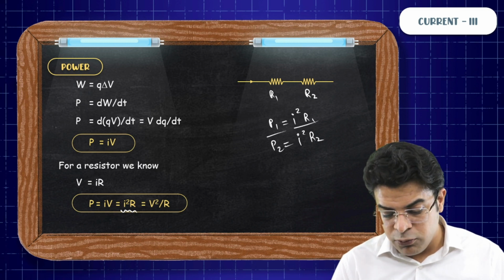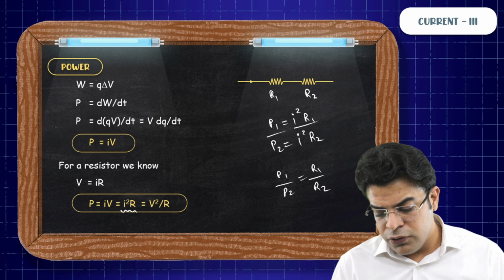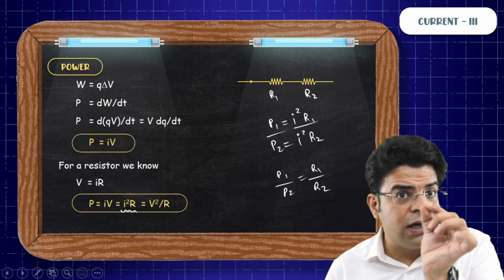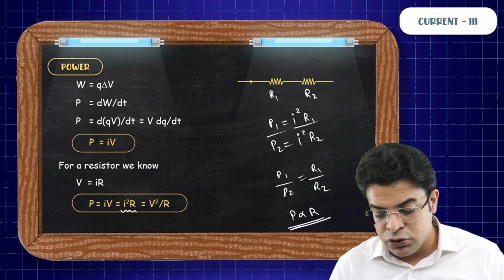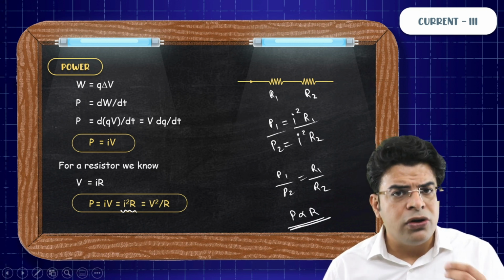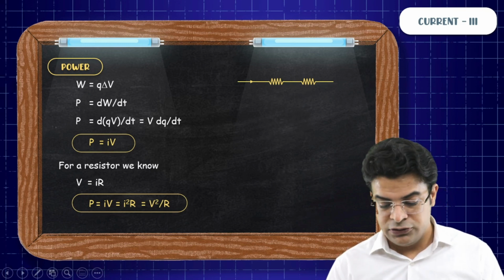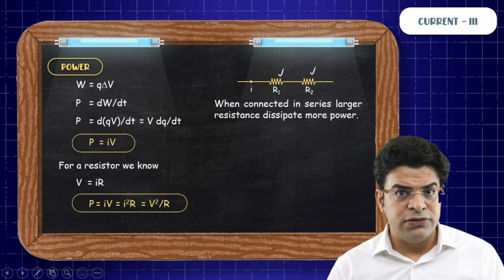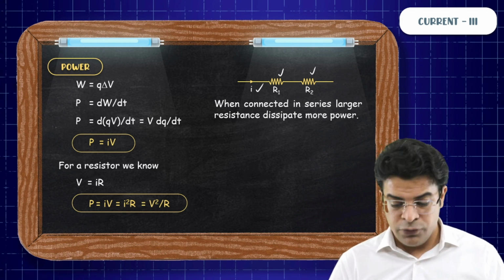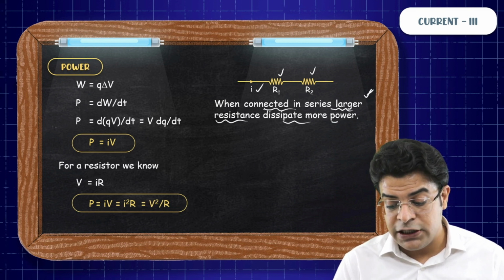If you divide both sides, P1 by P2 equals R1 by R2. So for resistors connected in series, the power dissipated is directly proportional to the resistance, because the current is the same. So when connected in series, the larger resistance dissipates more power.